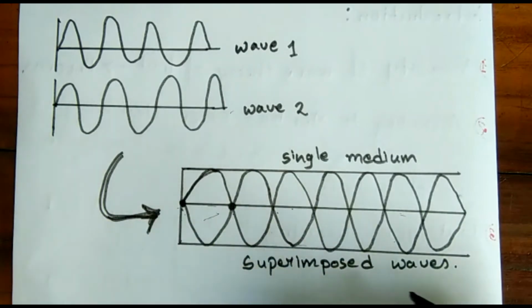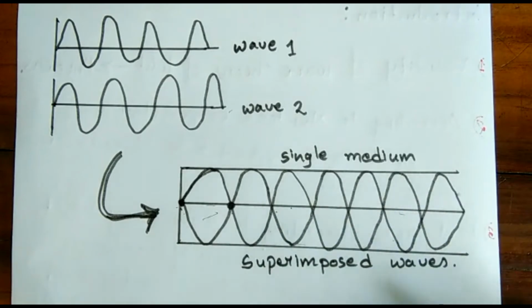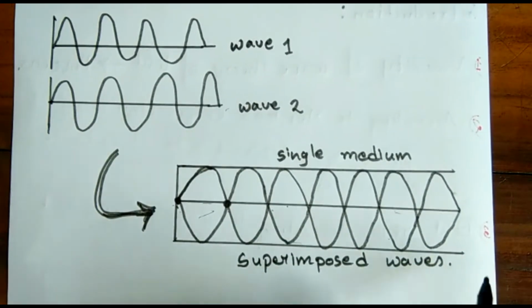And let me remind you that when two waves are supposed to superimpose with each other, they have the same frequency, same wavelength, and will have one phase difference. And that's only when they will superimpose.